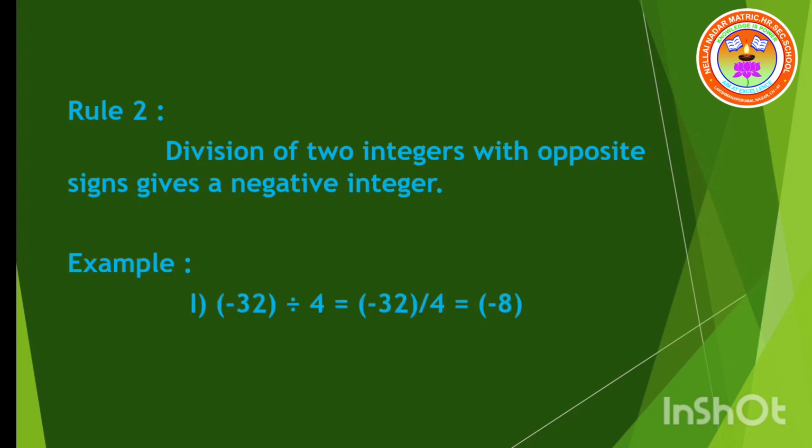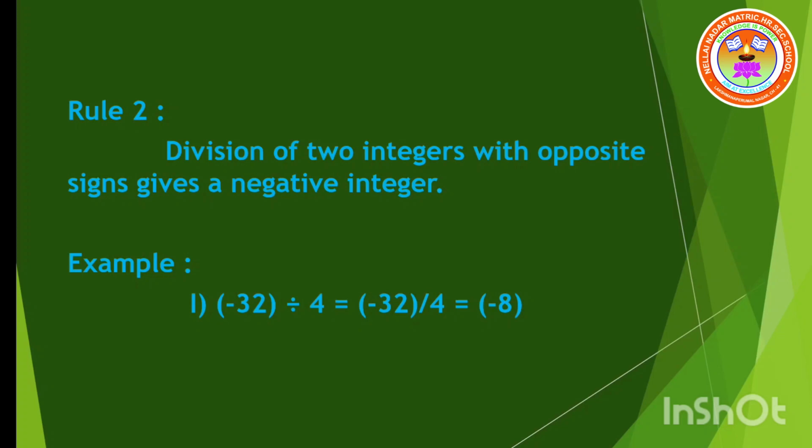First one, minus 32 divided by 4. Look at the example clearly. One number is negative, the other number is positive. So minus 32 divided by 4 is written as minus 32 by 4.